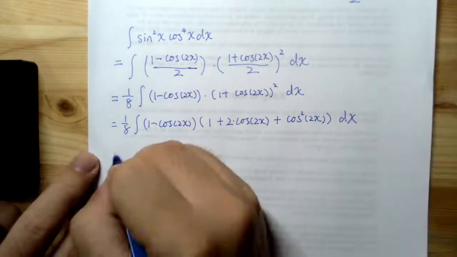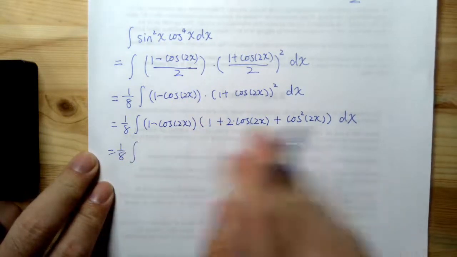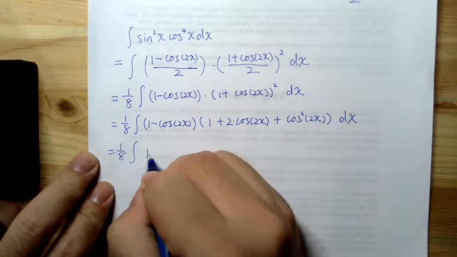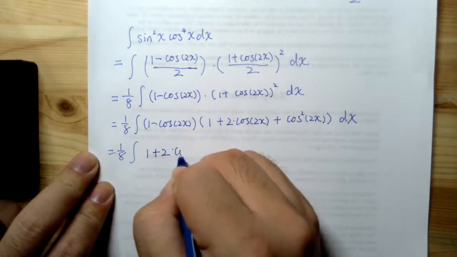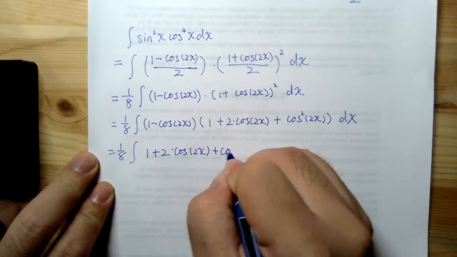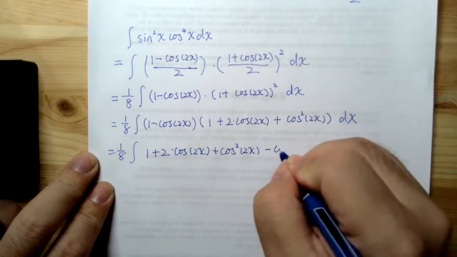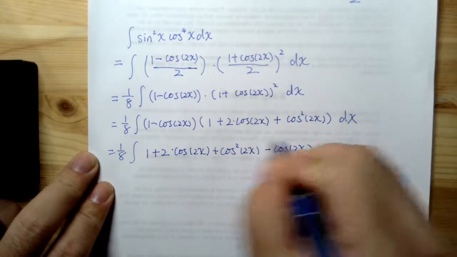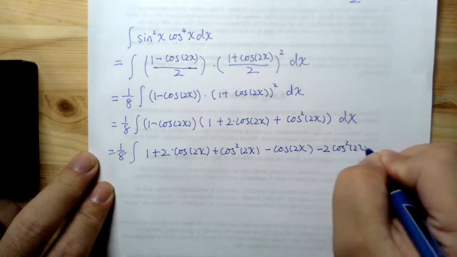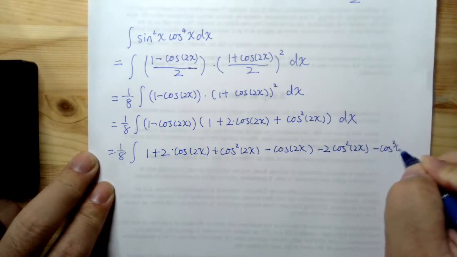And then we do another round of distribution to get rid of those two parentheses. I'm going to have 1 plus 2 times cosine 2x plus cosine squared 2x, and minus cosine 2x, and then minus 2 cosine squared 2x, and also minus cosine cubed 2x.